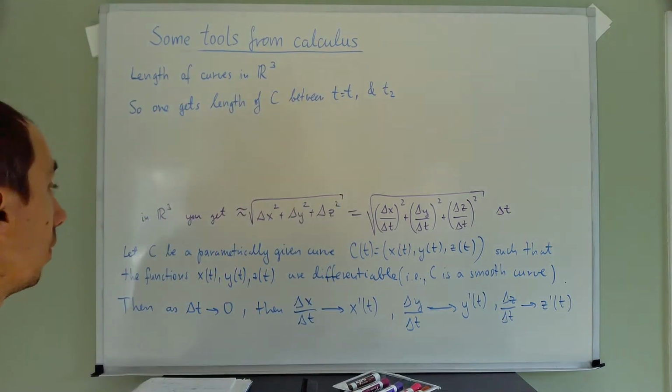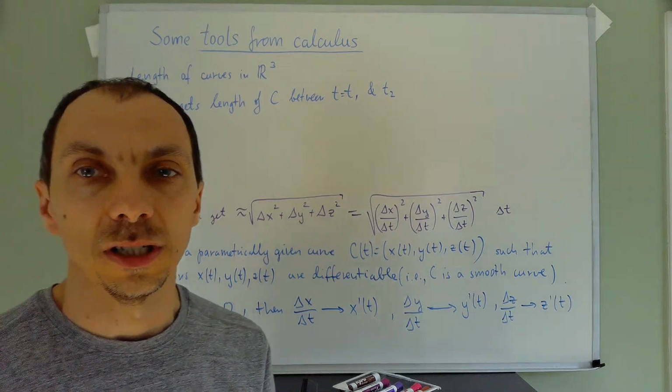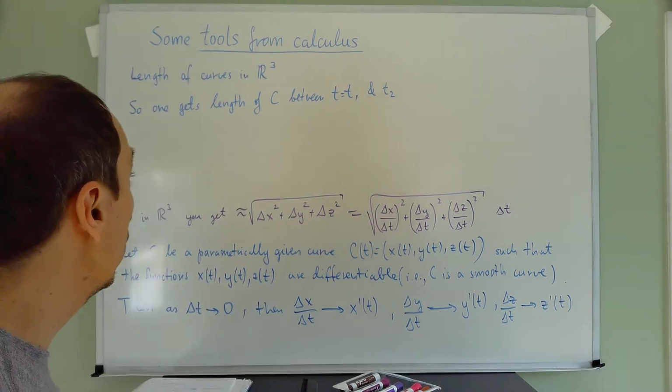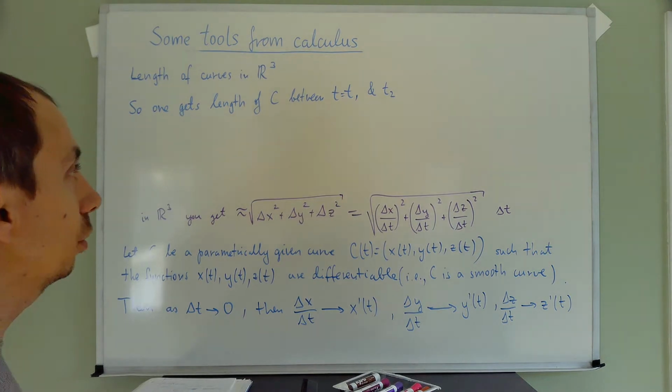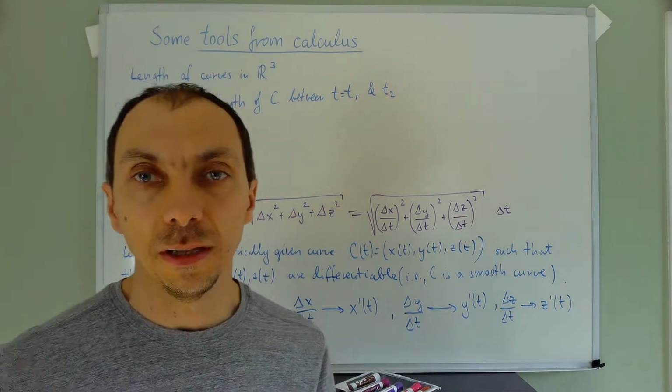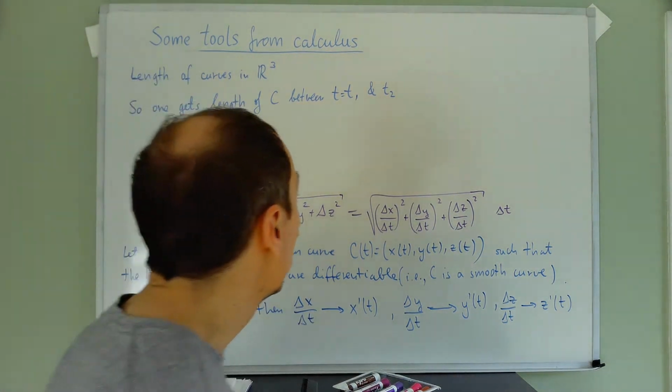So we'll continue. I was talking about the length of a curve C between, so this is a parametrically given curve, between two values of the parameter t1 and t2, right?